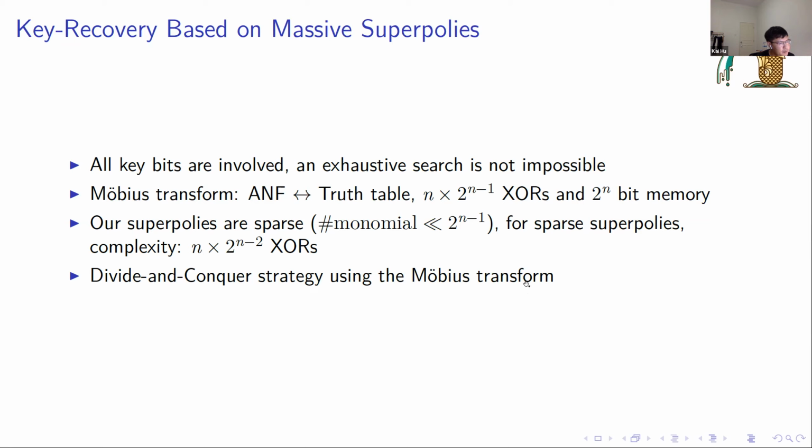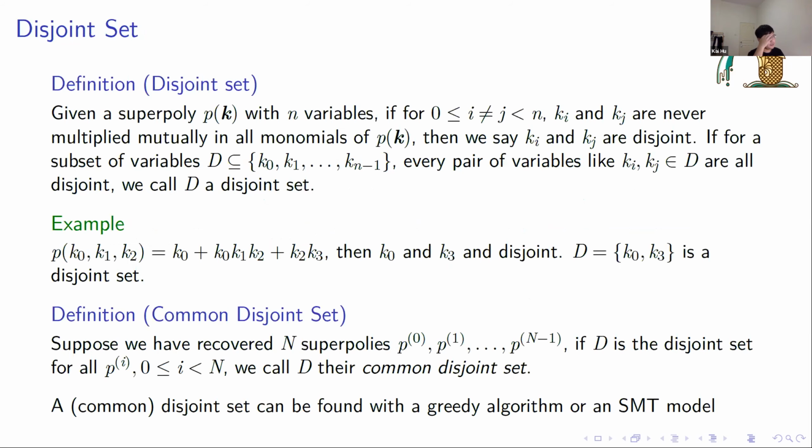Then we can use the Mobius transform with a divide and conquer strategy to do the key recovery attack. And we introduce a new concept called the disjoint set. Given a superpoly P_k, if k_i and k_j are two variables in this superpoly that are never multiplied together, we say k_i and k_j are disjoint.